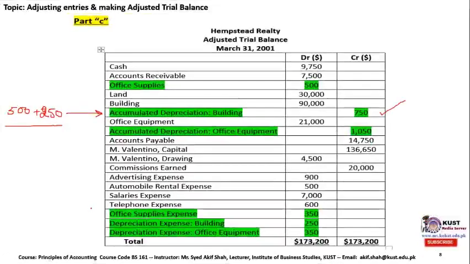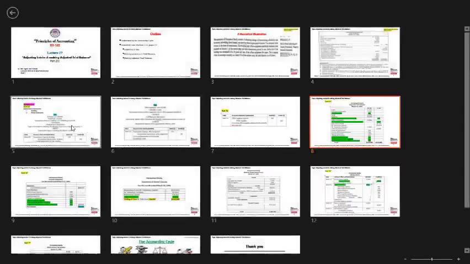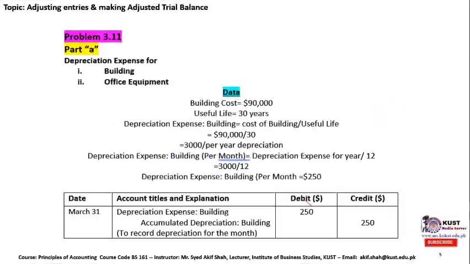Here you can see that after generating the first title, we have to generate an additional title with the name of depreciation expense building, because this is an expense. So this is why we are mentioning it in the expenses portion of the previous trial balance with the amount of $250, because the amount was already having a debit of $250 against the depreciation expense building.